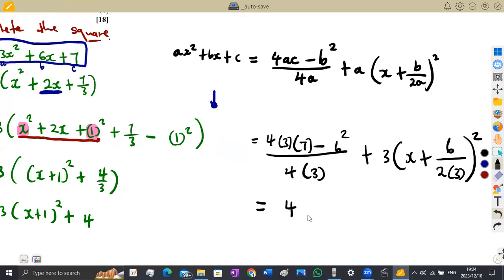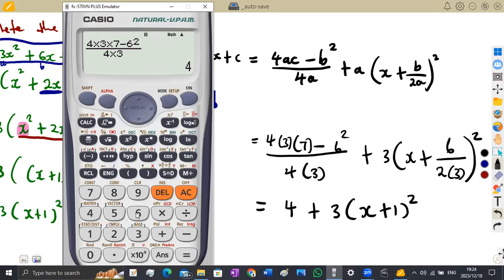So this is going to give us a 4 plus 3 into x plus 6 over 2 times 3. This is 1, guys. 2 times 3 is 6, and 6 over 6 is 1, squared. Or you can just use the calculator, 6 over 2 times 3, which is going to give us a 1. So this is one and the same, or you can just simplify directly, as you can see.